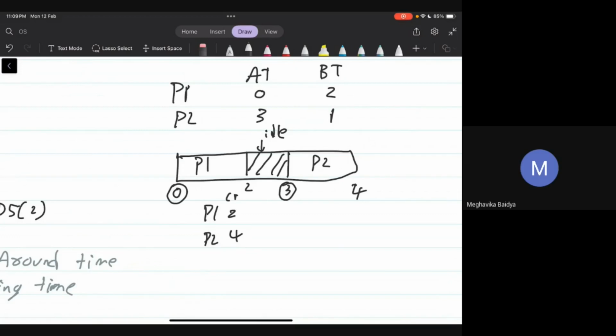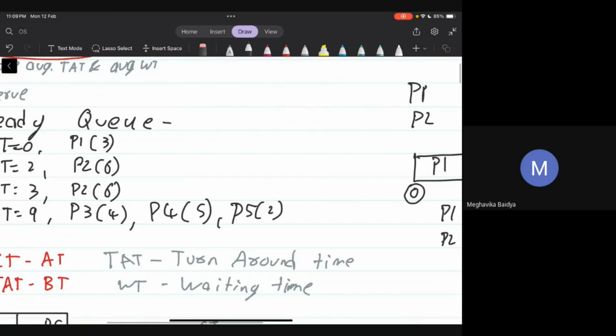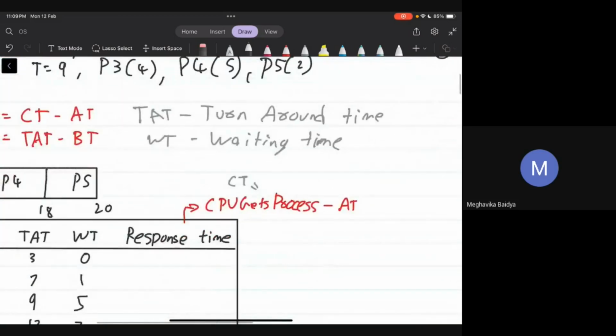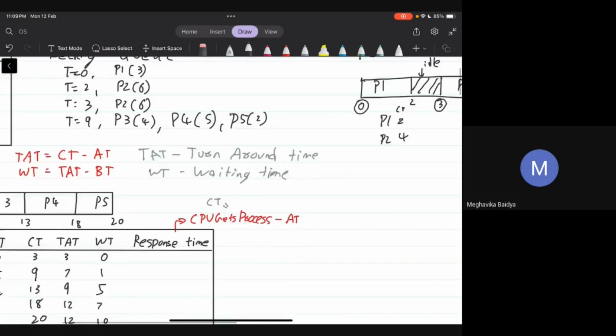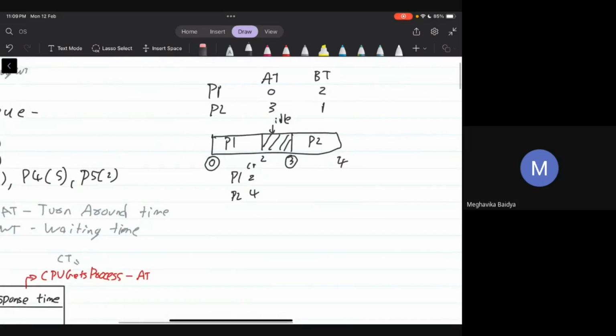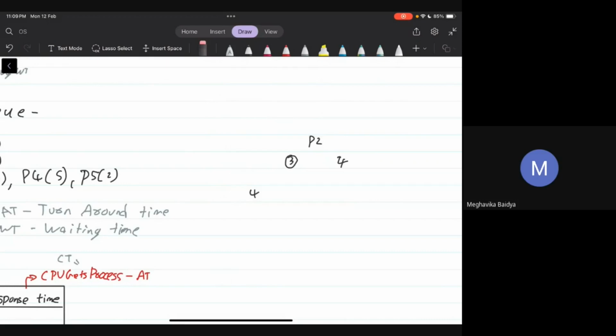Basically, this idle time causes problems. Just keep in mind that because of the idle time, the response time calculation becomes difficult. That's why we take CPU gets processed. I'll explain how to do that now.